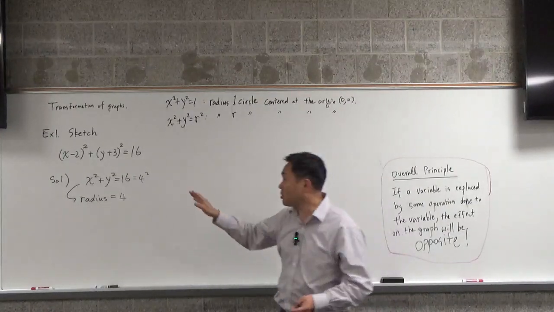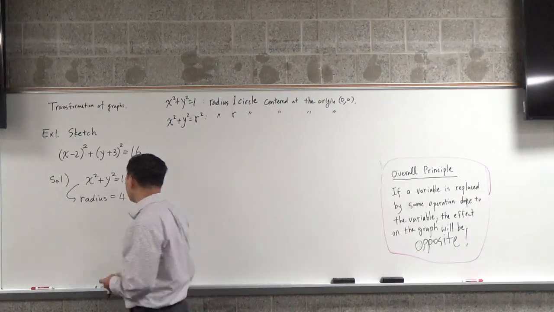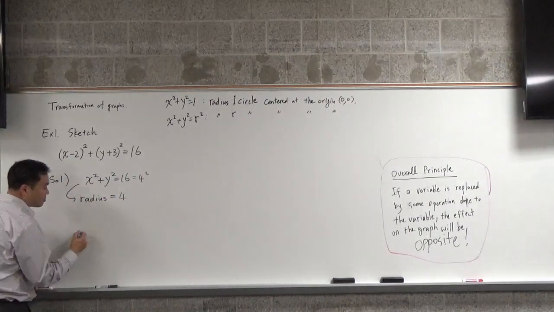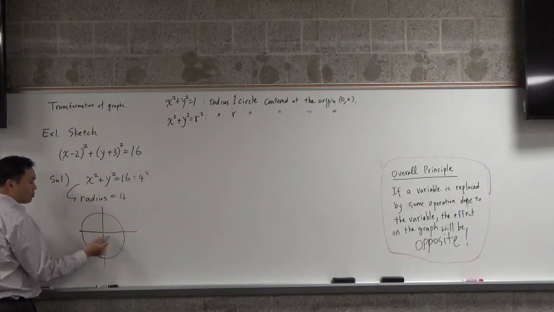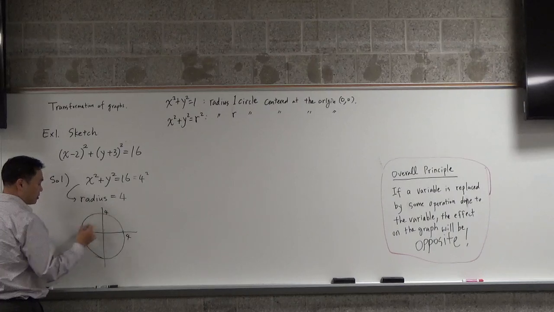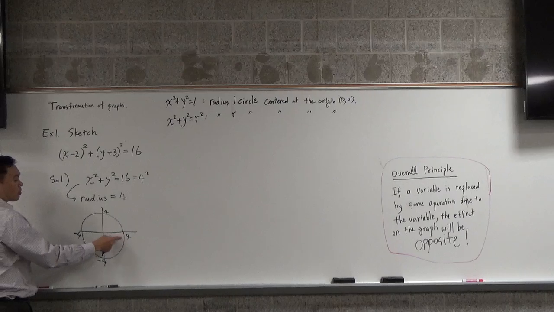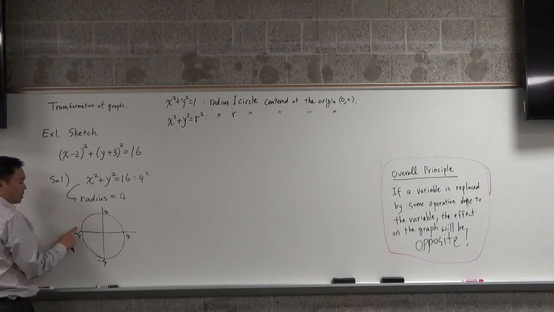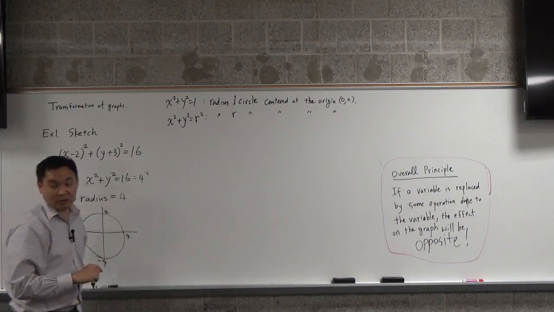Now I'm going to put the x minus 2 and y plus 3 in there, okay? So first of all, this is going to be a circle of radius 4, because 4, 0, 0, 4, negative 4, 0, 0, negative 4 satisfy this equation.